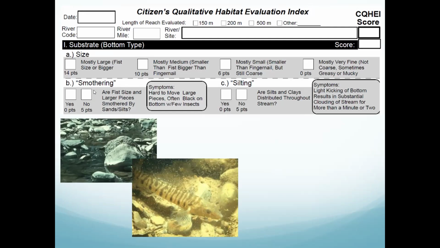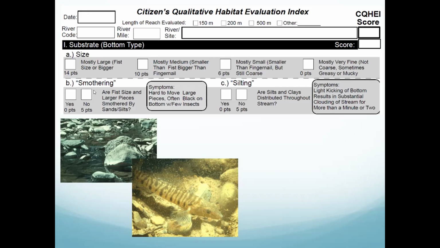Like if it's a darter that wants to be able to flip rocks and get the macroinvertebrates from underneath those, if they're all smothered by sands and silts, which can happen in a lot of our urban streams, then these critters don't have access to that habitat, even though it may be present.